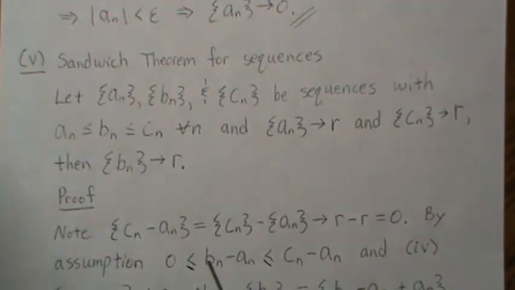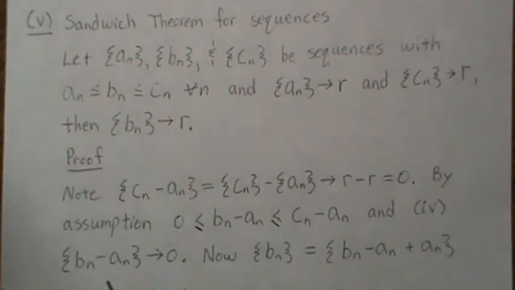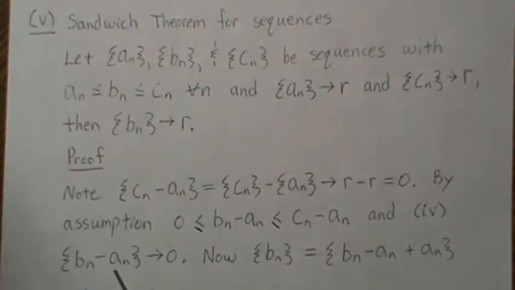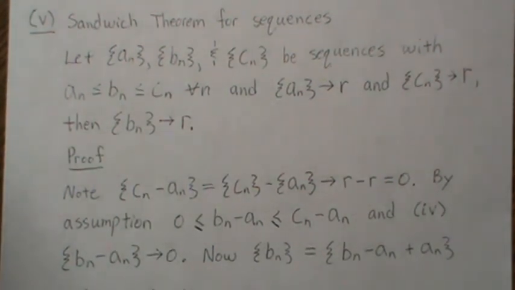So this sequence converges to 0. Okay. Now, we don't know anything about b_n yet. I guess technically we know that it converges, otherwise this would blow up. I meant b_n. We know a_n converges.